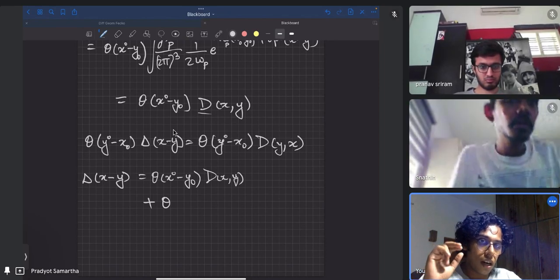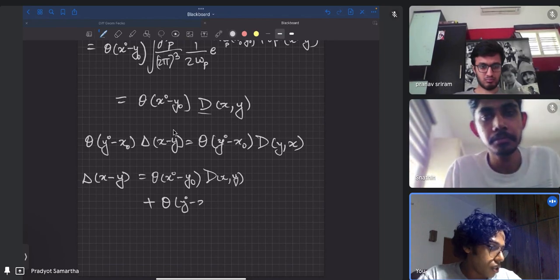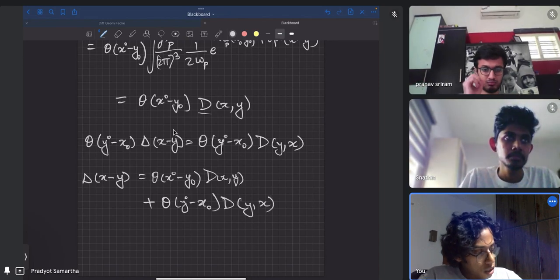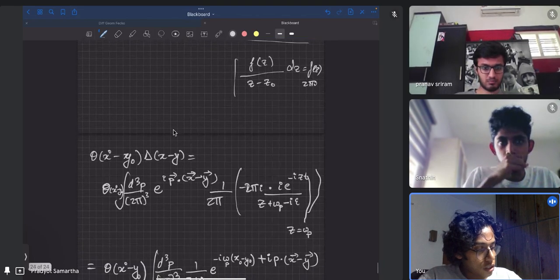That is the essential idea to keep in mind here. So y naught minus x naught D of y comma x gives you your net Feynman propagator when you evaluate this integral.